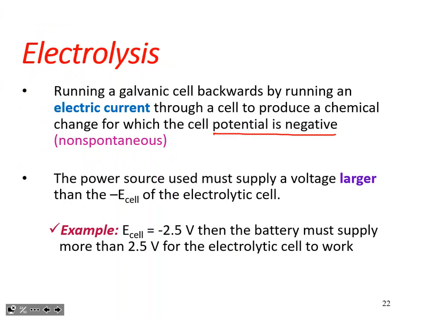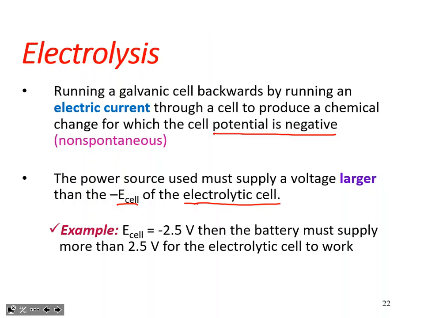The power source used must supply a voltage that is larger than the negative E cell for the electrolytic cell, or the negative cell potential of the electrolytic cell. Since we're running it backwards, we're always going to have negative for our cell potentials. So for example, to put it in words, and this was apparently asked on Admin 1, just so you know.